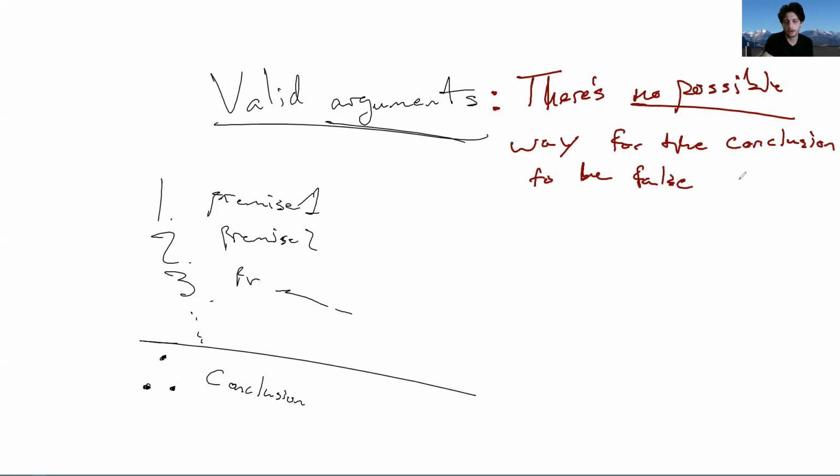The idea behind a valid argument is that there's no possible way for the conclusion to be false while the premises are true.